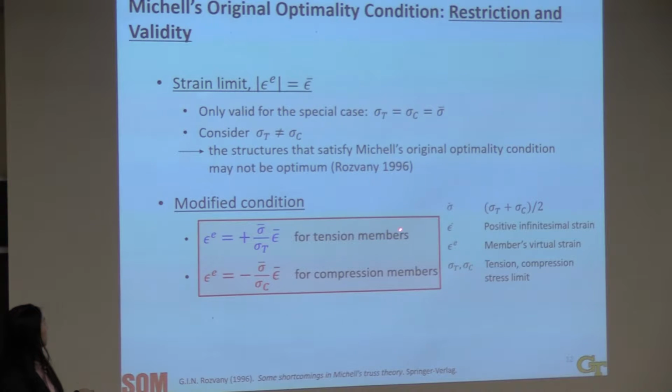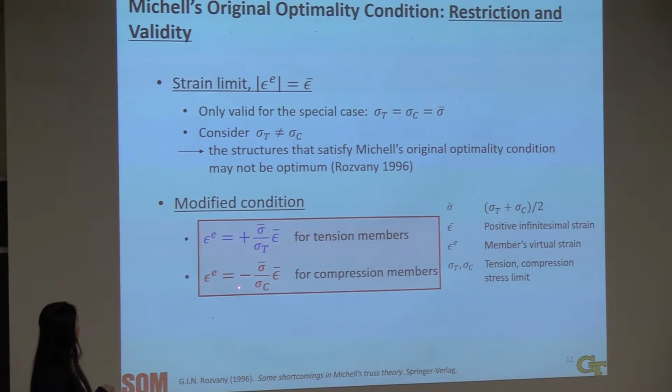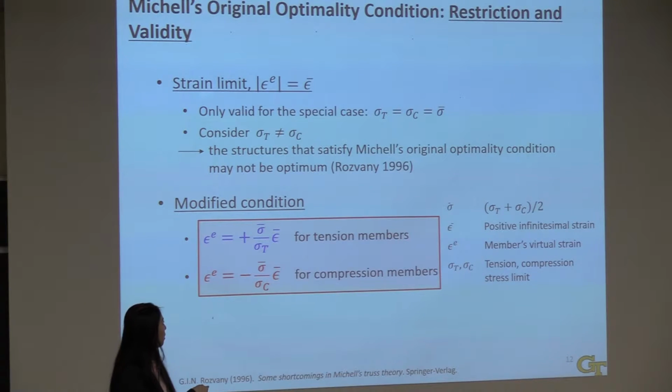Here I listed the modified condition proposed by Hemp and Rozvany. What they did is to simply assign different stress limits and strain limits for tension and compression. I want you to take a look at these two newly defined values.